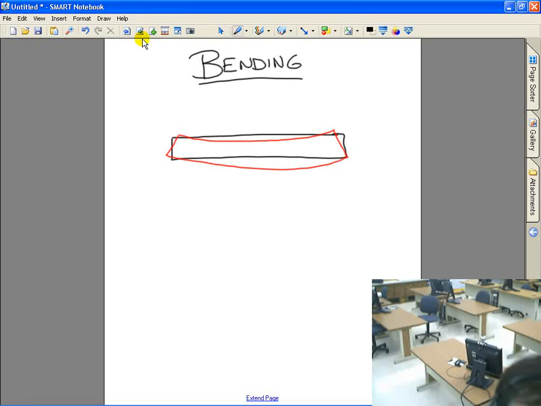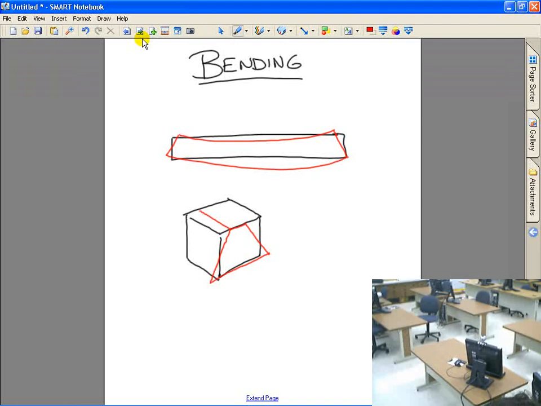And if we take a little cross section right here and look at it, what's happened is this beam has bent in and stretched out. So the original shape pushed in up top and stretched out at the bottom.